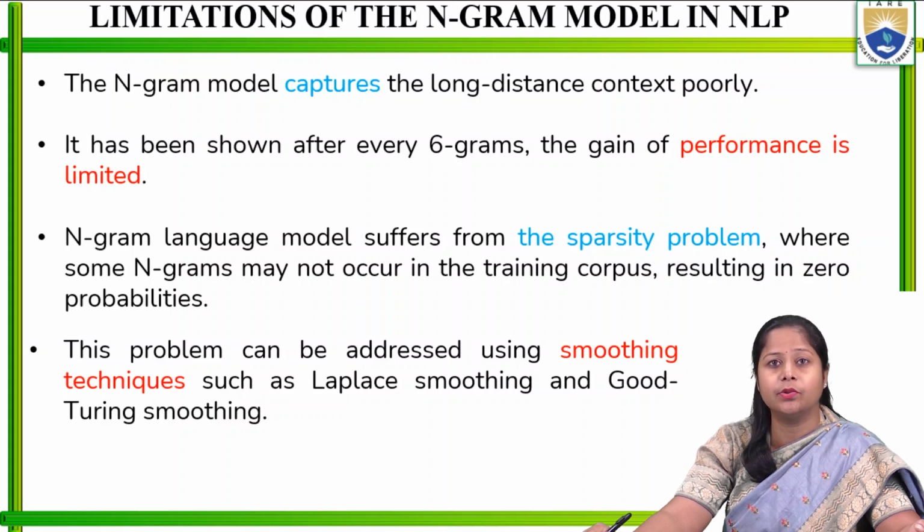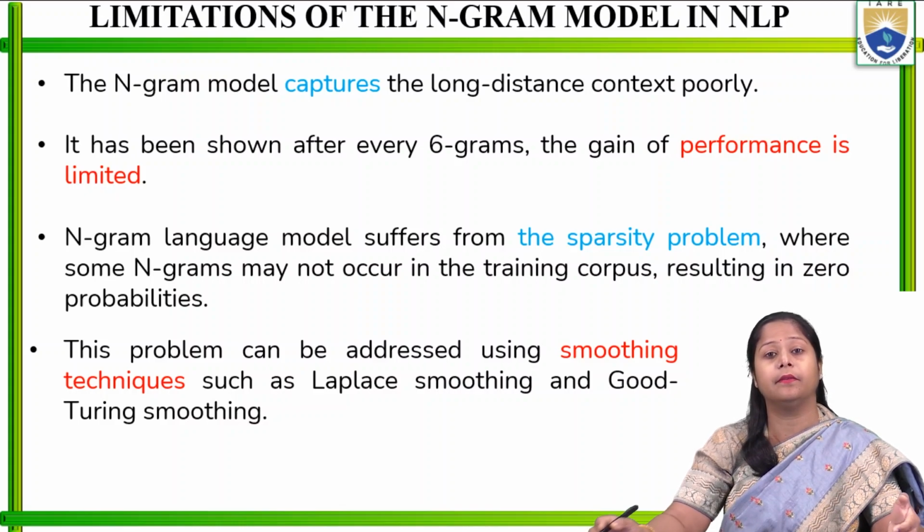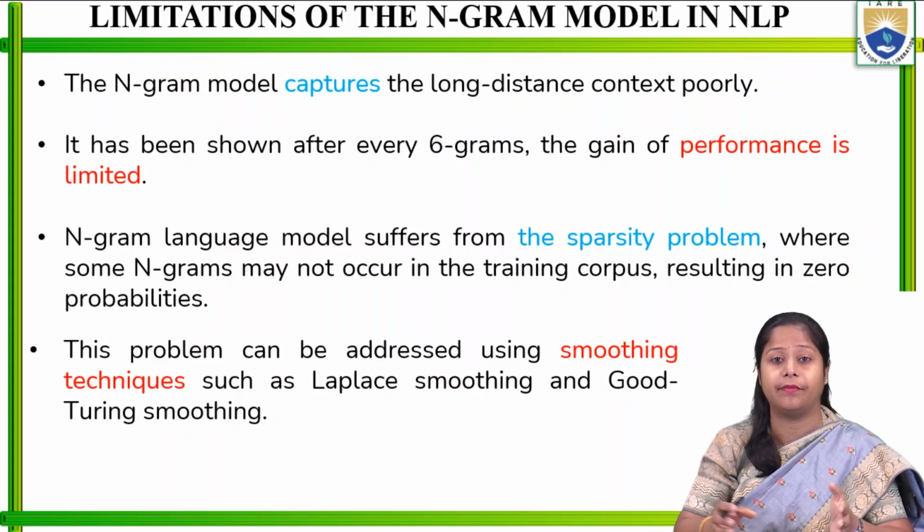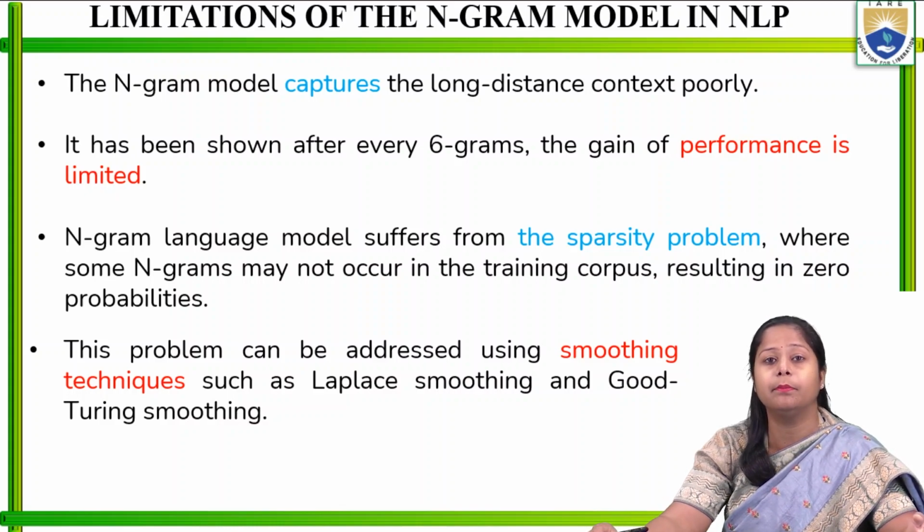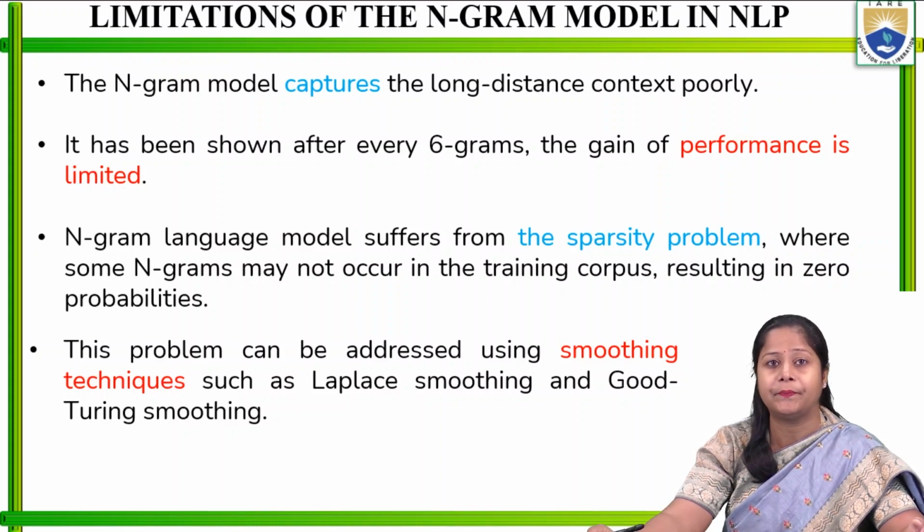So it has been shown that after every 6 grams the gain in performance is limited. At most, when applying the n-gram language model, it can work up to 6 n-grams, but we should actually use up to a 5 n-gram model. That can be best for us to implement.